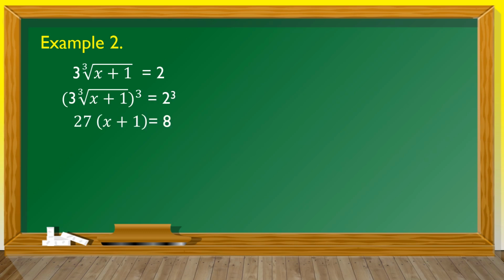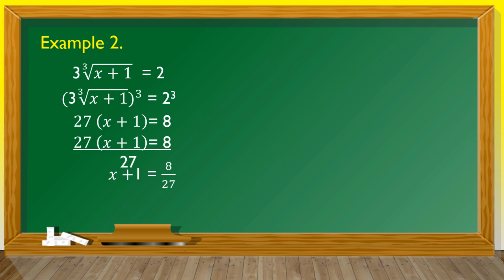So the cube of 3 is 27, which is 3 times 3 times 3, and the cube root of x plus 1 raised to 3 is equal to x plus 1, equals 2 cubed, which is 8. So, divide both sides by 27. It will be x plus 1 is equal to 8 over 27.